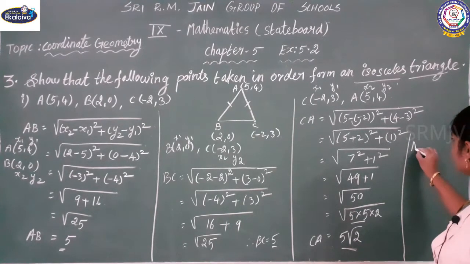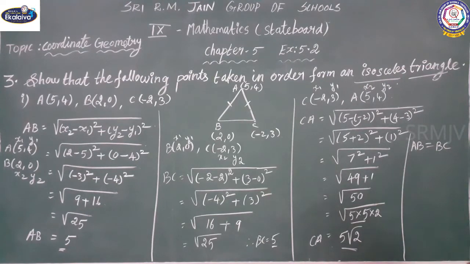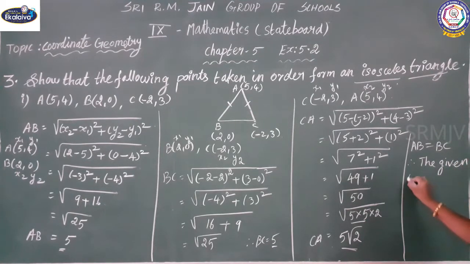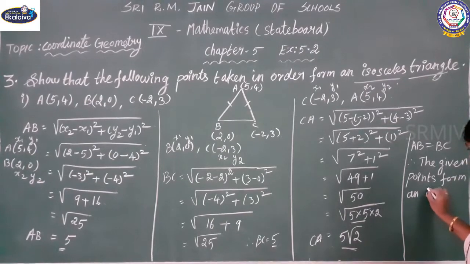So AB is equal to BC. Therefore, the given points form an isosceles triangle.